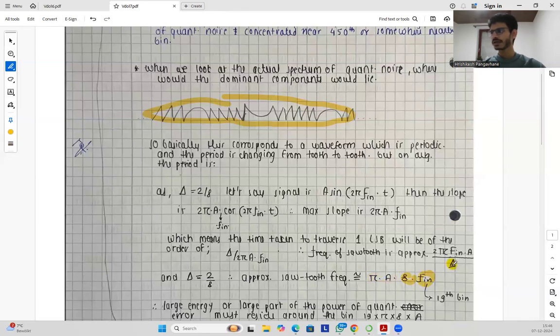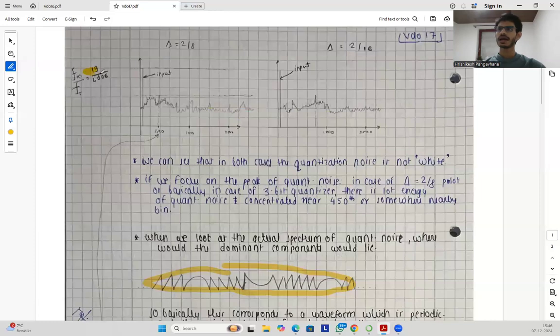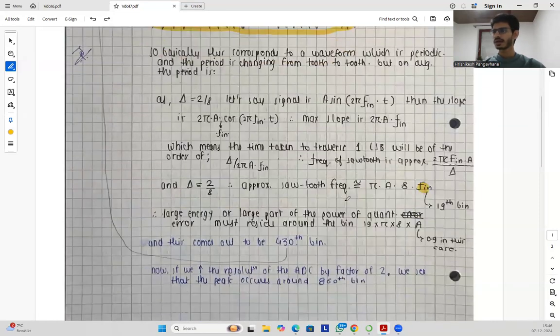When we put the value of Δ as 2 by 8, fn is basically on the 19th bin, so a large part of the power of the quantization noise must reside around the bin which is 19 times π times 8 times A.